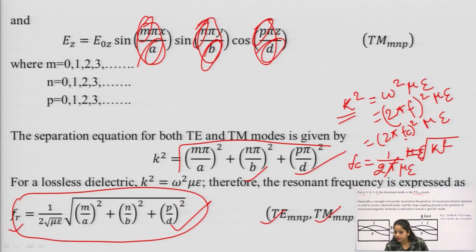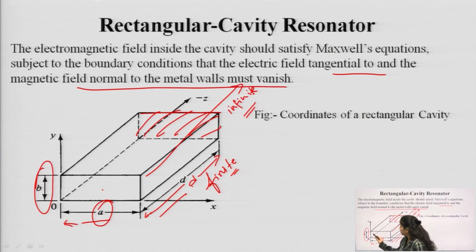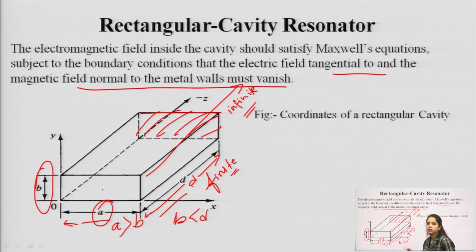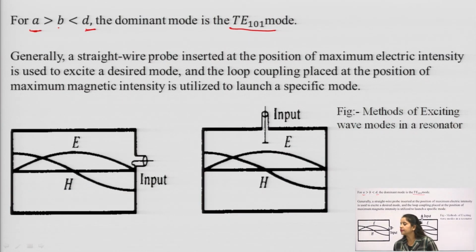So, when we see this figure, it should be applicable. You are able to see that a here is greater than b and d is also greater than b. So, this condition has to be applied if we are saying that this is the dominant mode.